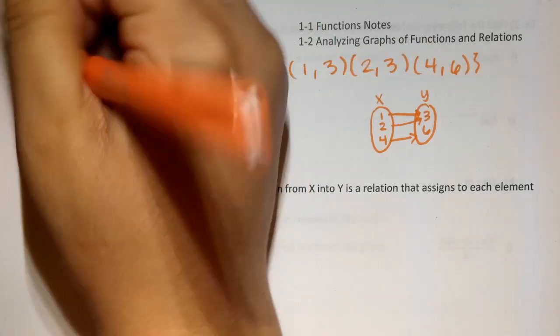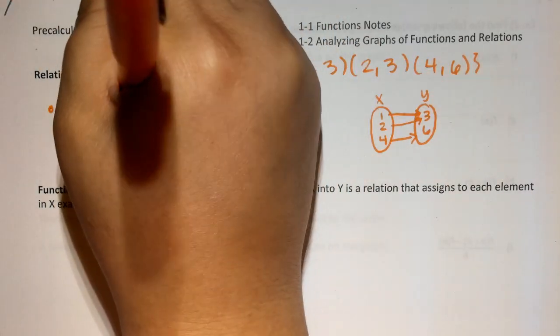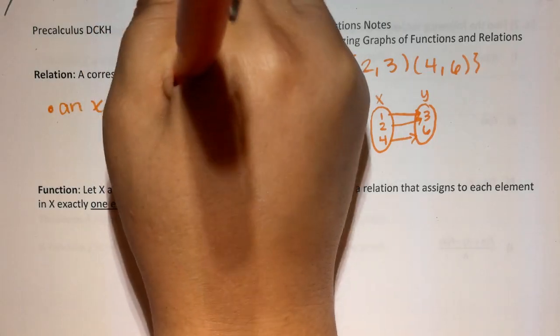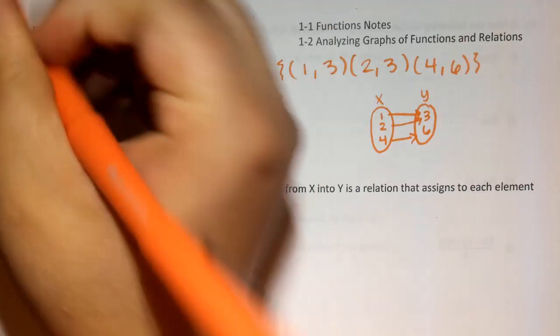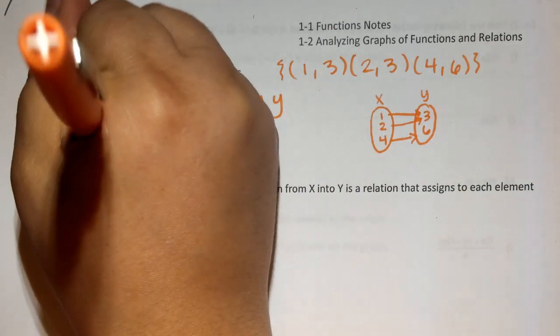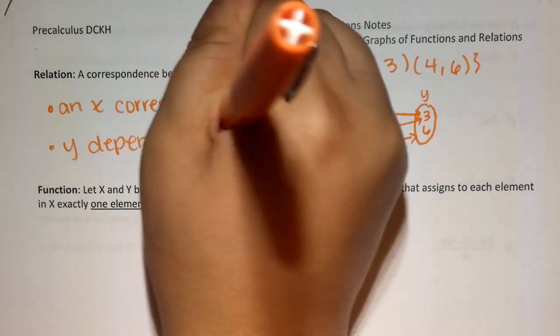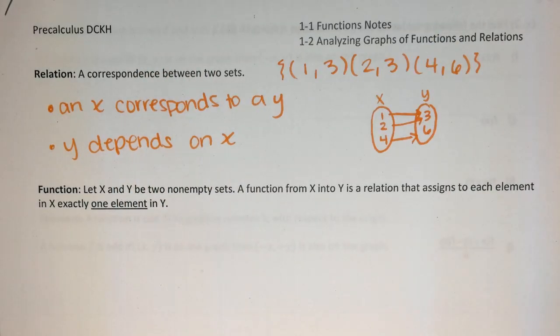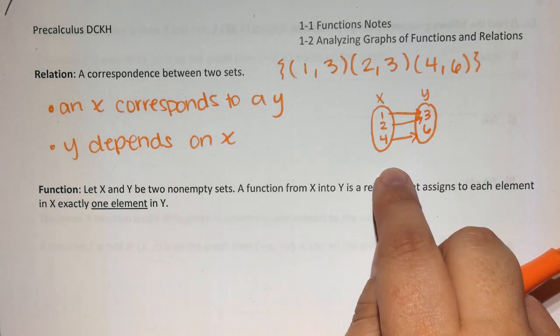Some things to know about this: an x corresponds to a y, and y depends on x. Y is your dependent variable, x is your independent variable.